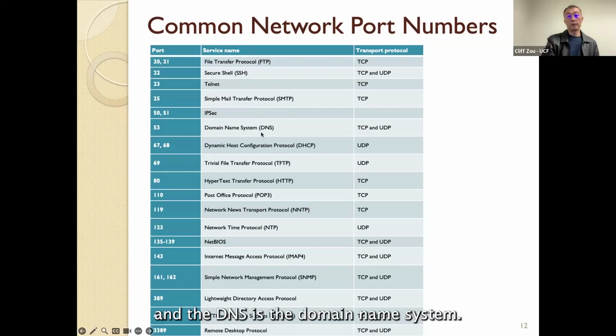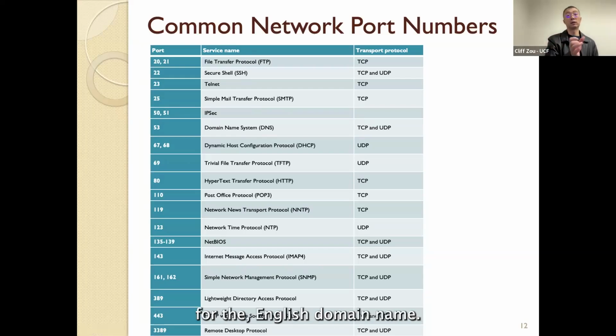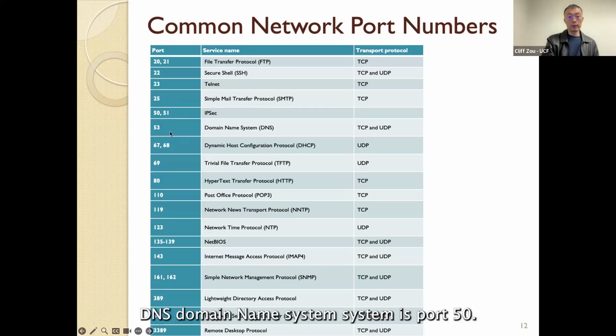And DNS is the domain name system, so everyone uses DNS to get the IP address for the English domain name. DNS, domain name system, is port 53. So you should memorize Telnet, secure shell port 22, port 53, and port 80 is for HTTP. And port 443 is HTTPS.